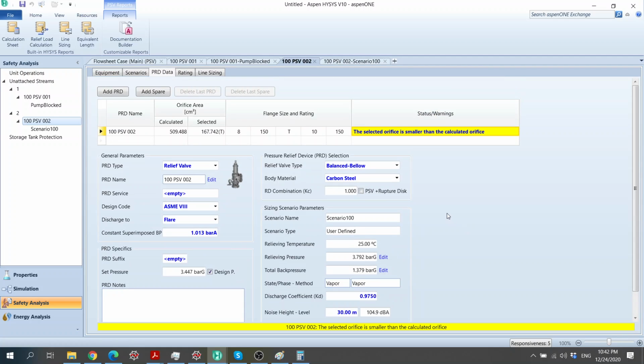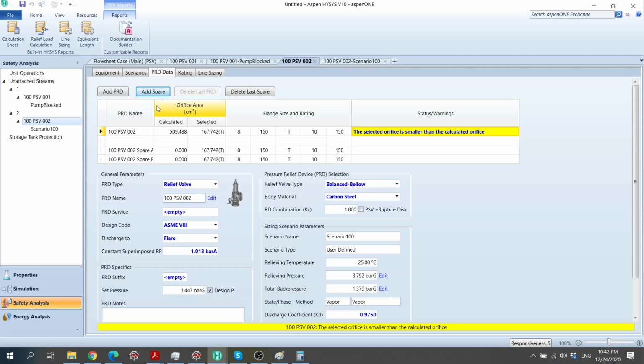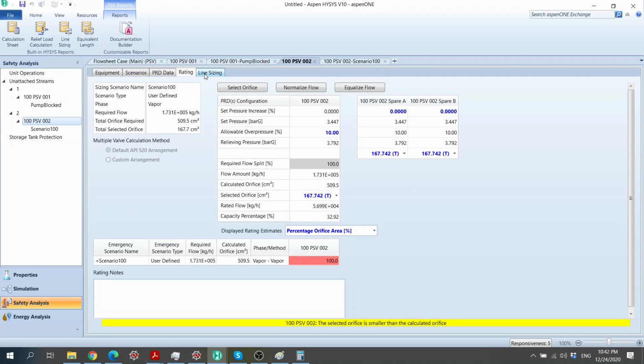And see. Oh, add spare. Add spare. And then add spare. I'm confused now. Is it spare or the, in here?